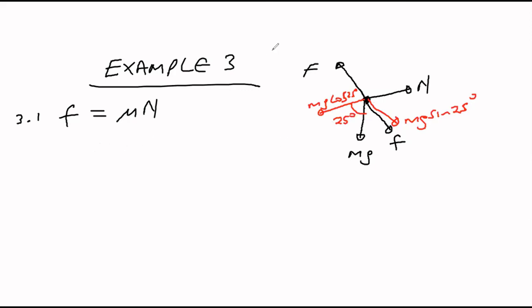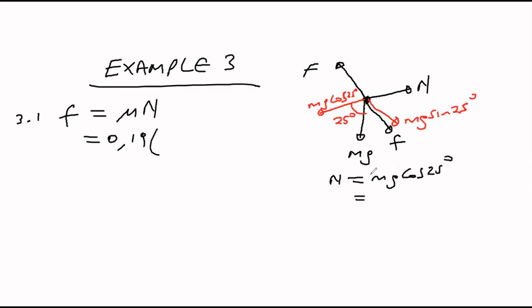So now we can substitute mu, which is the coefficient of kinetic friction, is 0.19, times what is the normal force? The normal force is the same as mg cos 25 degrees.